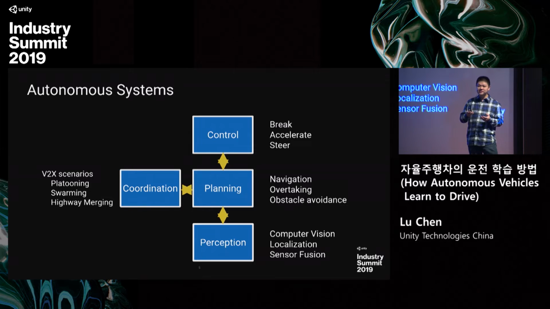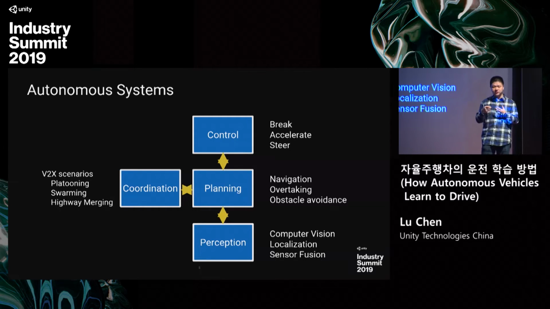And V2I means maybe you have some sensors at the roadside, and it already detects an accident 200 meters ahead of you. So it can send the information to your car, and it will impact your car's planning.